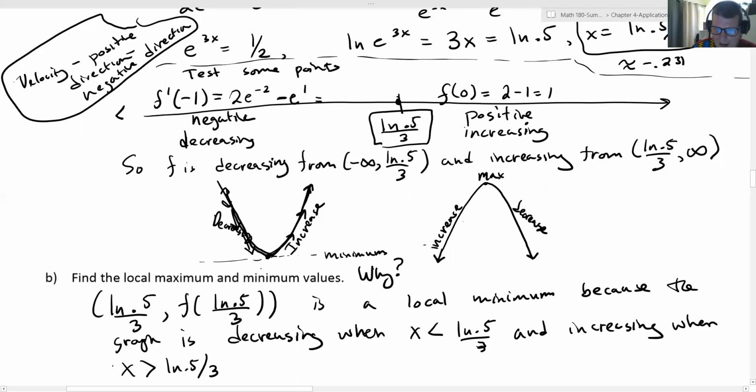If I go from decreasing to increasing, I have a min. And if I go from increasing to decreasing, I'm going to have a max. That's right. So the behavior of the graph on either side of the critical number, or the critical value.